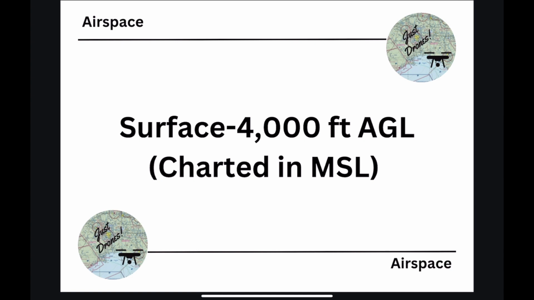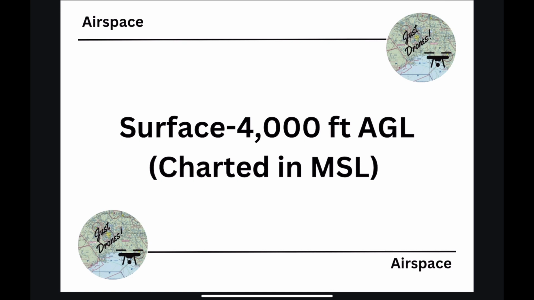Now, on a VFR sectional chart, you're going to see a different number than 4,000 feet most of the time, unless you're in Florida or someplace that's at sea level. The reason you see a different number is that the airspace depicted on VFR sectionals is going to be an MSL number.